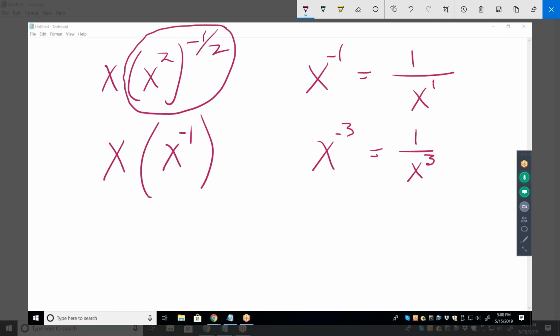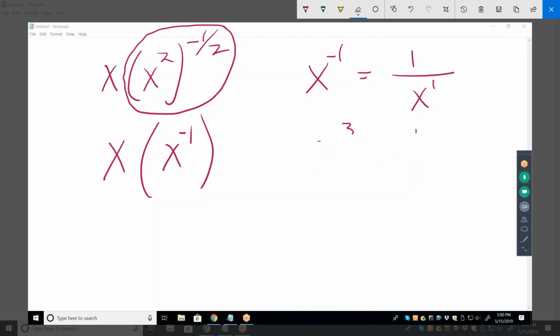And you can always just move it to the other side of the fraction bar if you're ever unsure. In fact, if you had something like this, it's already in the denominator, just move it to the other side. So you switch it around. Yeah, exactly. That's what negative exponents mean.